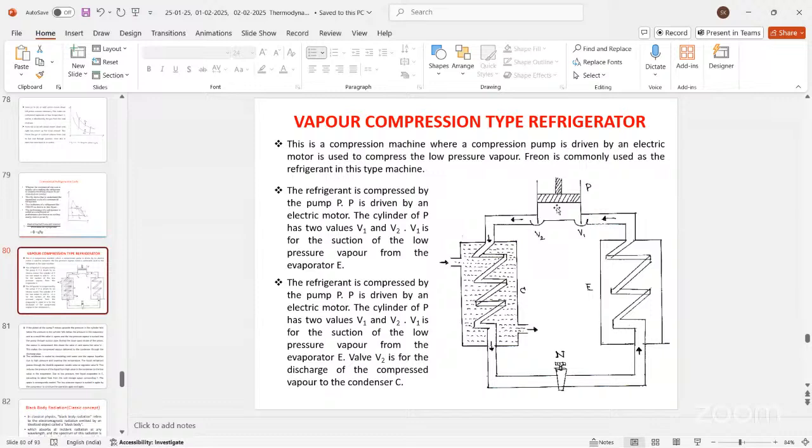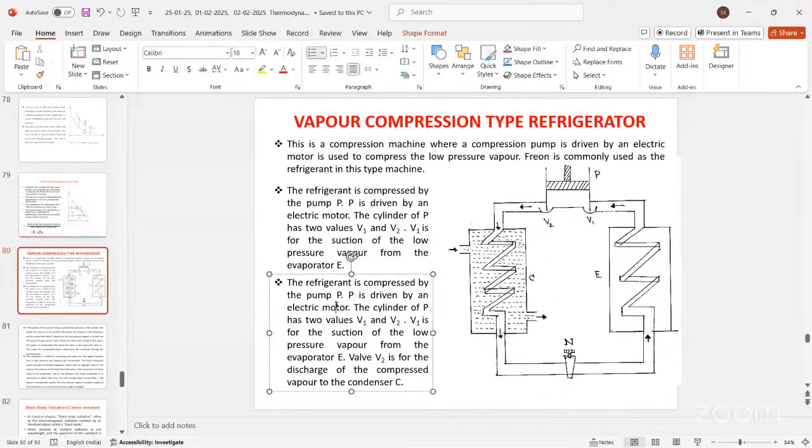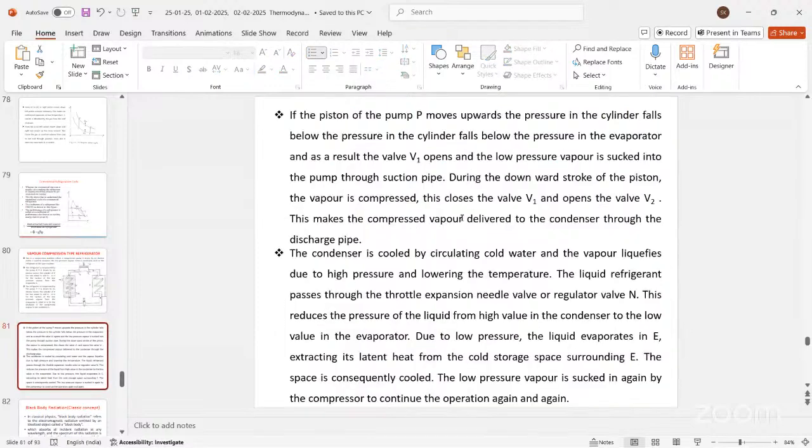When we apply pressure from here, the suction happens here. The liquid refrigerant passes through the throttle expansion needle or regulator valve N.